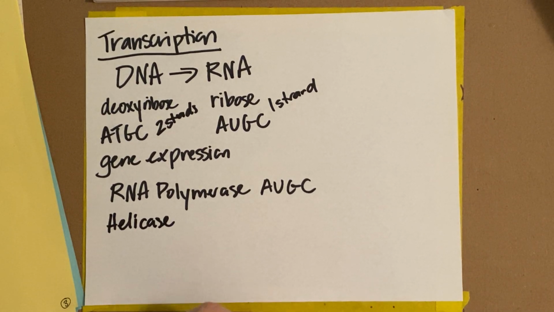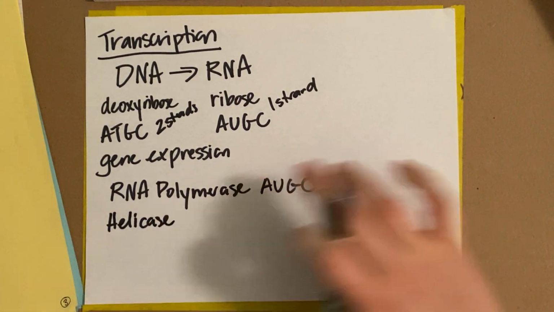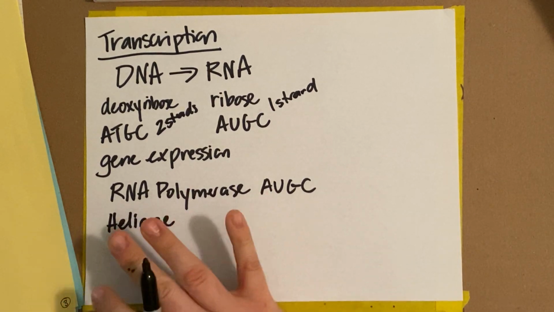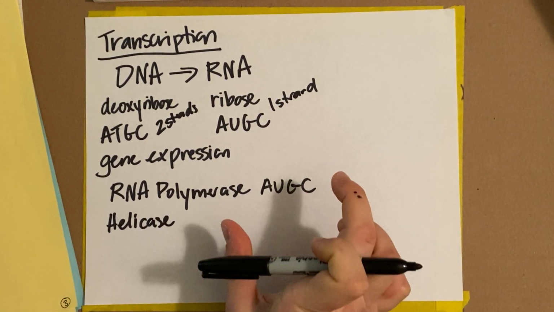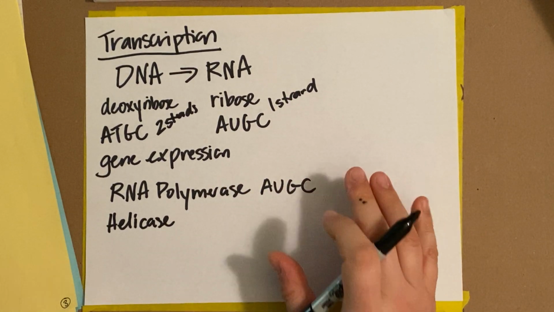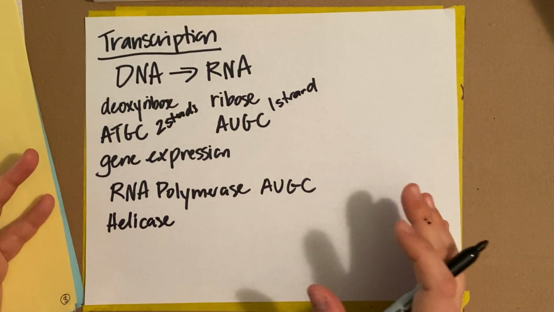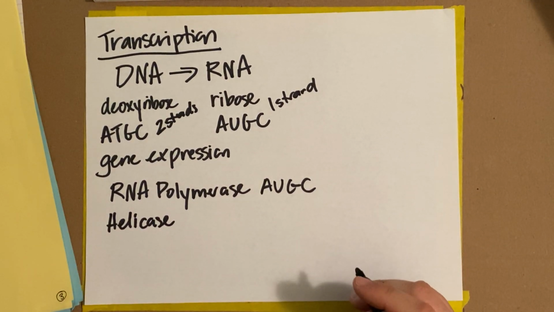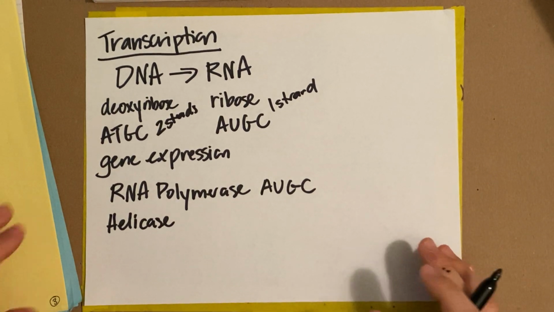All right, so DNA is going to have different sequences within its actual structure. Different parts of the DNA are going to hold these regulatory sequences that tell the RNA polymerase, this is where you need to start transcribing the DNA. And so we have different parts of transcription that are going to take place.